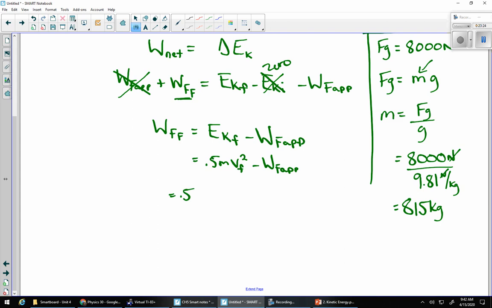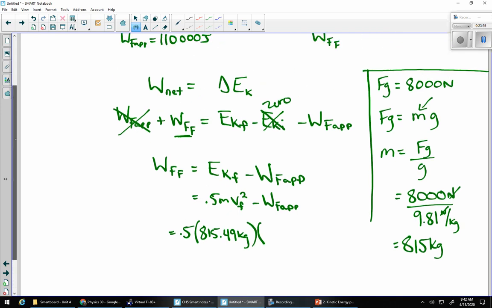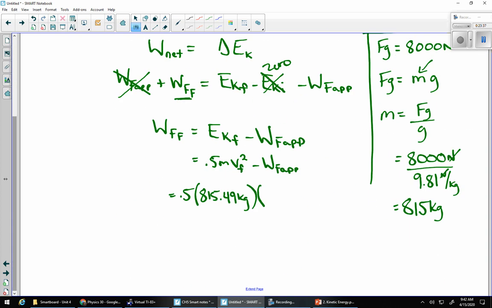So 0.5 times 815.49 kilograms times the final speed squared, which I believe was, yes, 15 meters per second. 15 meters per second, but of course we want to square that, and then minus our work done by the applied force, so that's 110,000 joules.